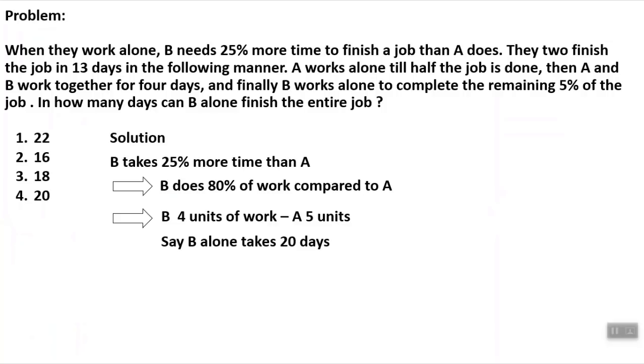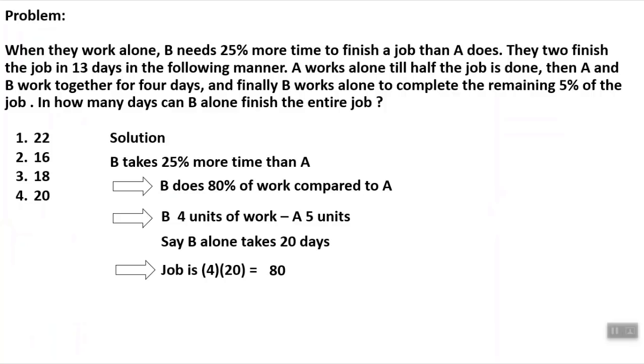Now, if you look at the options, the number that strikes you as a friendly number is 20. So, if B takes 20 days to do the job alone, that means the work consists of 4 units per day, which is his rate of work, times 20 days, 80 units.